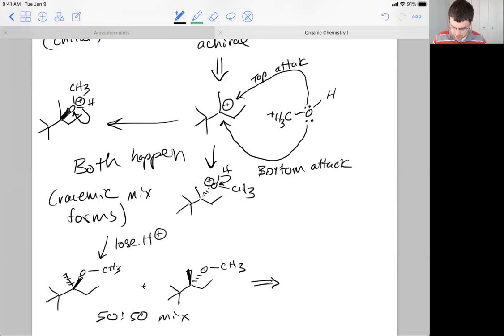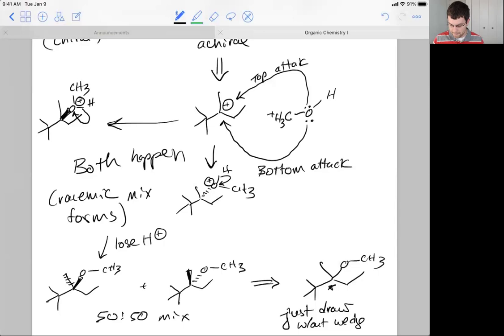And so we might as well just draw the molecule without a wedge or a dash at the stereocenter. We've generated a stereocenter from an achiral intermediate, which was the carbocation, but we did so with a 50-50 or 1-to-1 ratio of both possible stereoisomer products. So just draw the product without a wedge or a dash.